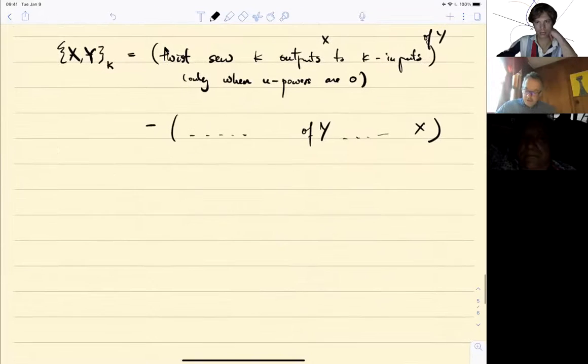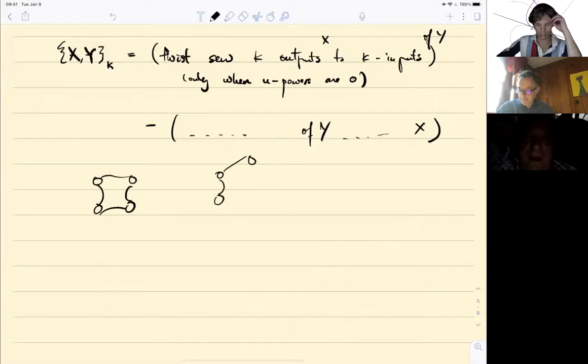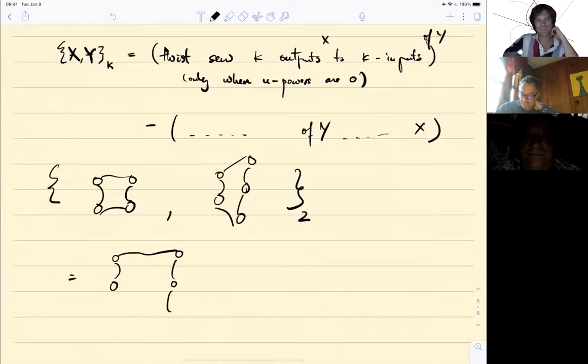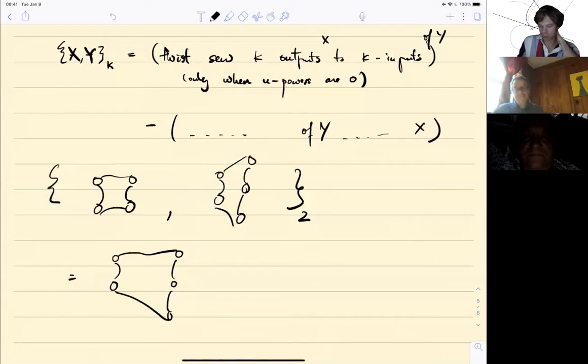So graphically, the picture is something like this. If I've got something with, let's say, 2 inputs and 2 outputs, and something else with 2 inputs and 3 outputs, and I want to look at the bracket 2 of this, I'm going to, first of all, sew in all possible ways 2 outputs to 2 inputs, and this can only be done in one way.